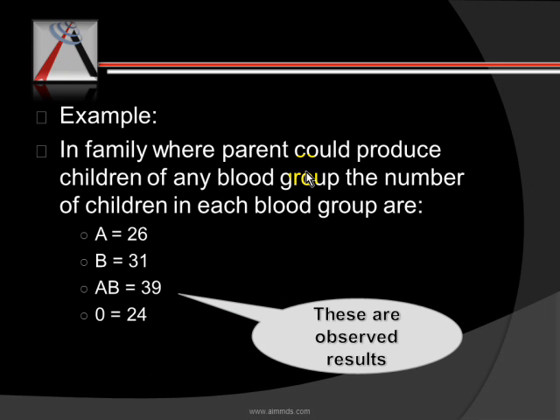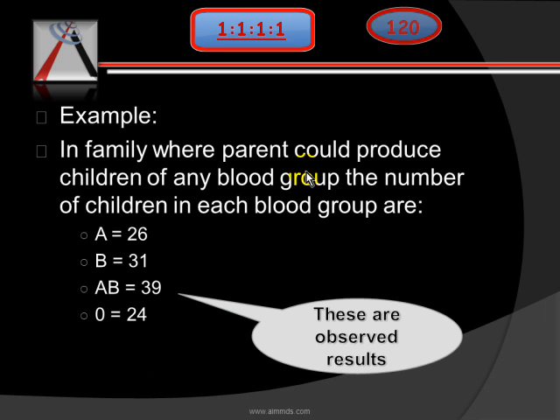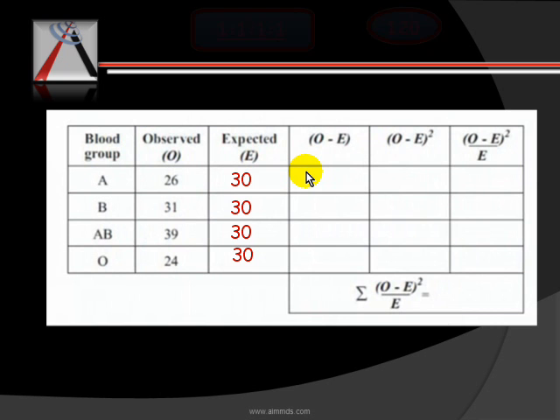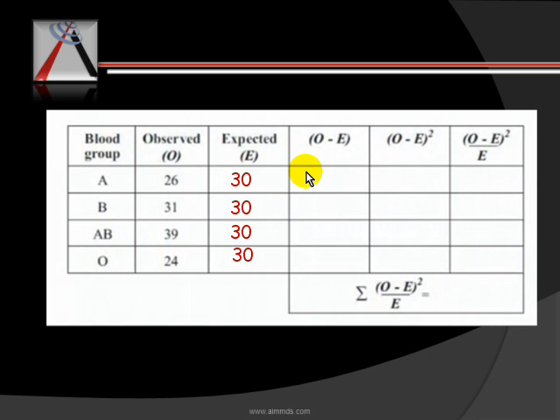That is, there are 4 blood groups and there was equal possibility of producing children of any blood group. So the possibility was 1:1:1:1, and our total population was 120. So if we have equal possibilities, that means parents should have produced 30 children in A blood group, 30 in B, 30 in AB and 30 in O. So these were our expected frequencies.